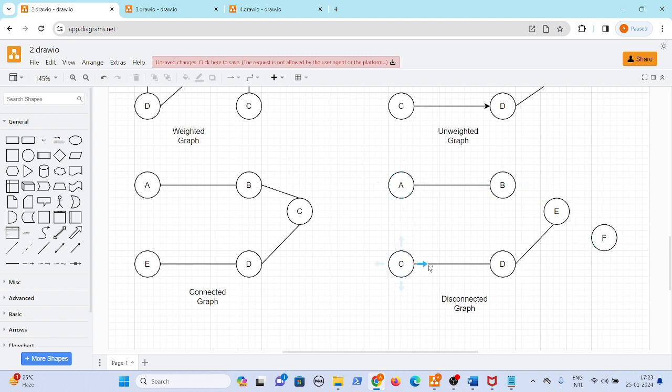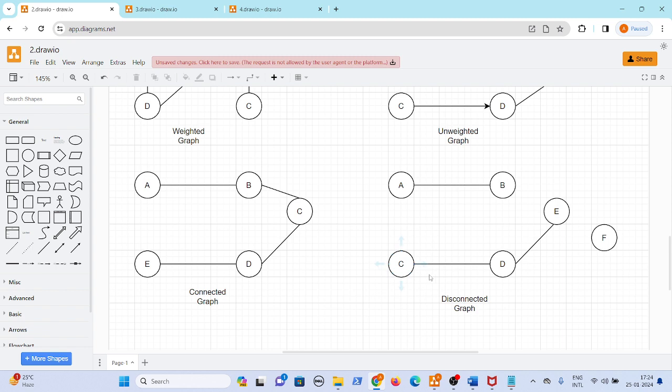If I traverse from C, I go to D, E. If I traverse from F, I go to only F. If in a graph you start from a point and can reach all points present in the graph, then you call it a connected graph. Whereas in a disconnected graph, if you start from a point, you can't reach all the points. Maybe you can reach only a few points. So that is called a disconnected graph.